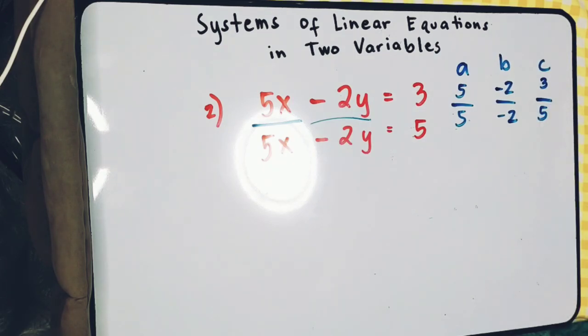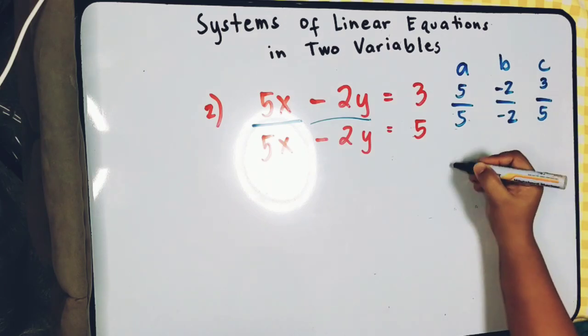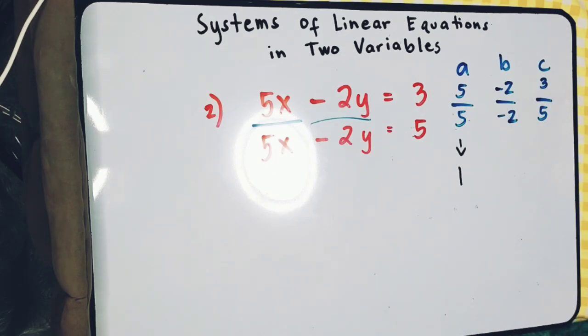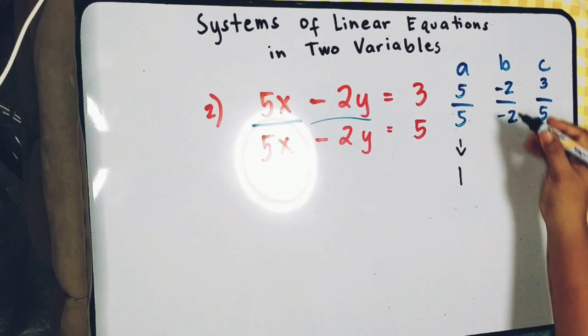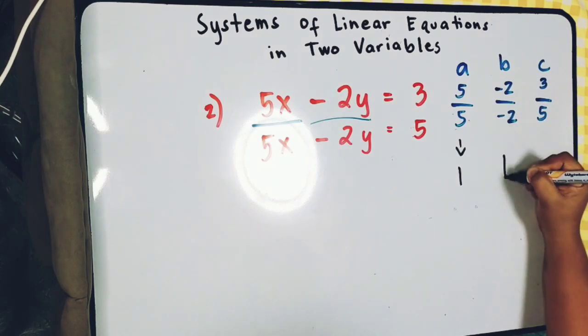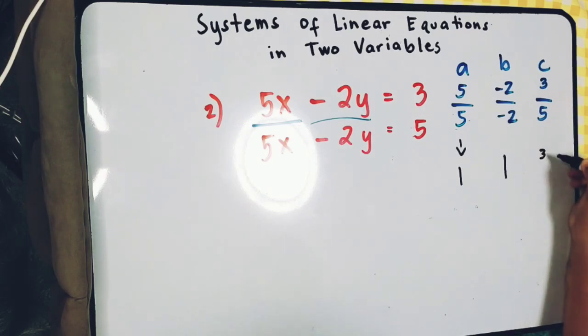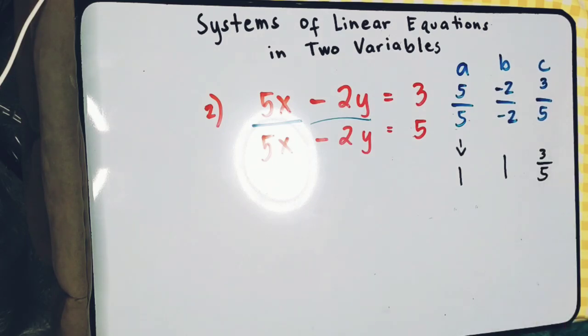Simplify first the ratio. 5 over 5, again, that is equal to 1. Negative 2 over negative 2. So, negative divided by negative, that is positive. So, magiging positive 1 din siya. Then, C, 3 over 5, pwede pa ba ma-simplify? Hindi na. So, as is. Then, let us compare.